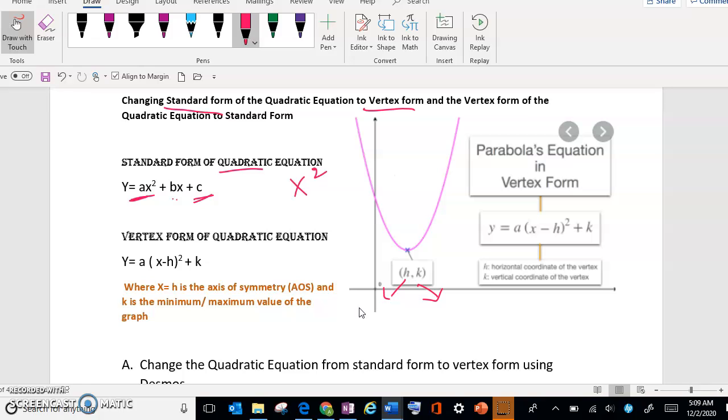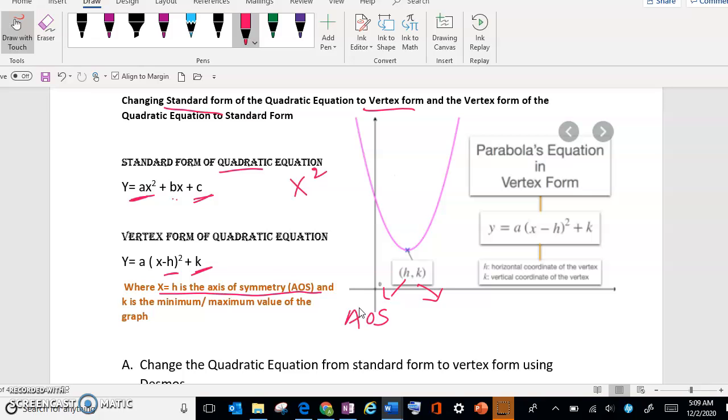So h and k are the coordinates of the vertex of the parabola, and we also discussed yesterday that h also gives you the axis of symmetry, AOS. X is equal to h is the axis of symmetry, and we also talked about the fact that k gives you the minimum or the maximum y value of the parabola.